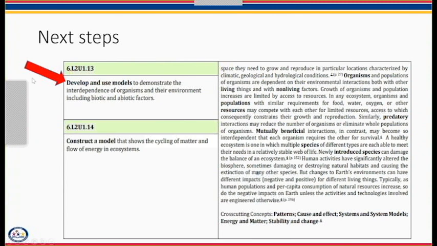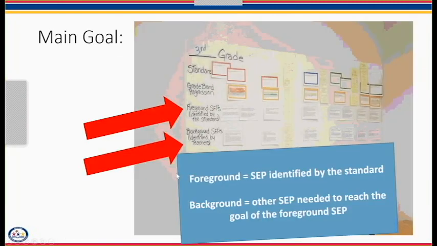So I ask teachers to make sure that when you're looking at your unit, and specifically this one standard, to pick out all the science and engineering practices that are going to be important for you. And then I have them add it to their chart. So the foreground science and engineering practice is identified by the standard. This standard science and engineering practice is right here.